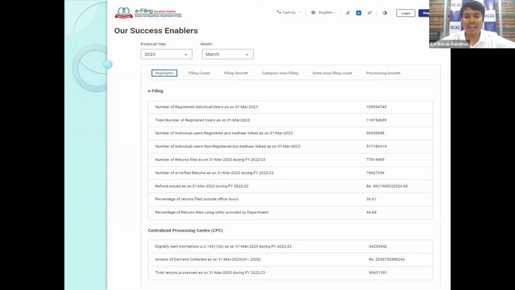I think with the presentation of mine and Akshar's, we all are charged up for this coming tax season, and we should strive for reducing this percentage to less than one digit. And the digitally sent intimations are also mentioned, with about 6 crore 42 lakh returns already processed.